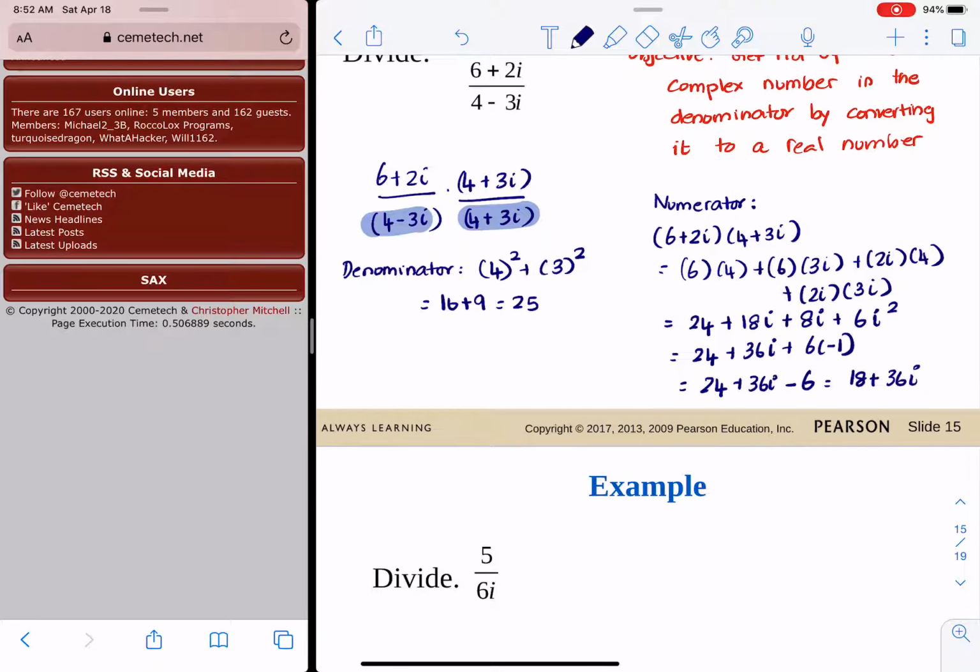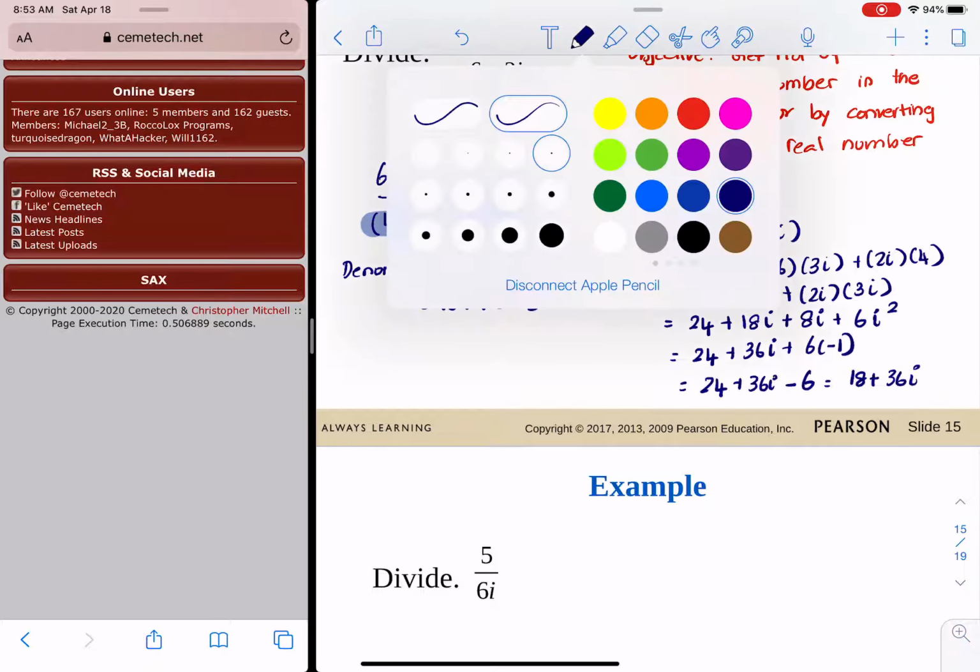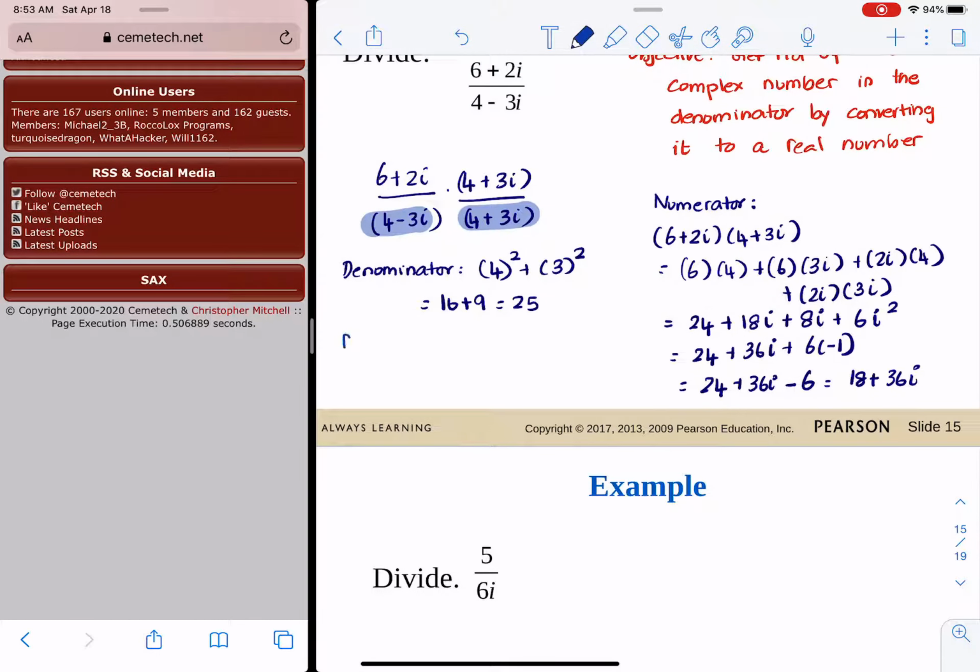So the numerator is 18 plus 36i, the denominator is 25, so our result is the numerator divided by the denominator.